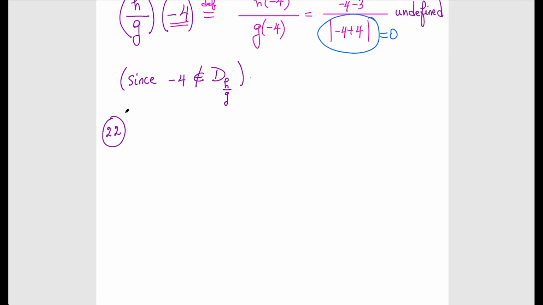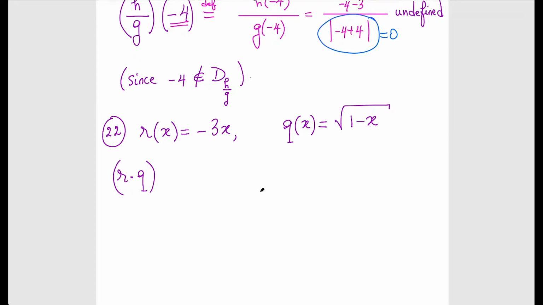So we have the function r of x equal to negative 3x, and q of x is equal to the square root of 1 minus x. The question is, find r times q and give its domain using interval notation. You don't have to do it in interval notation, but let's do it in interval notation just for the sake of the video.